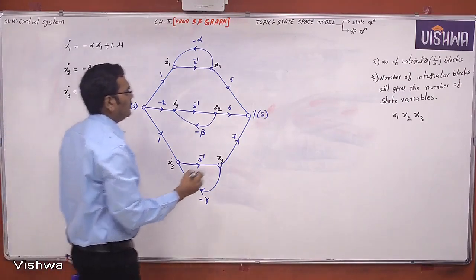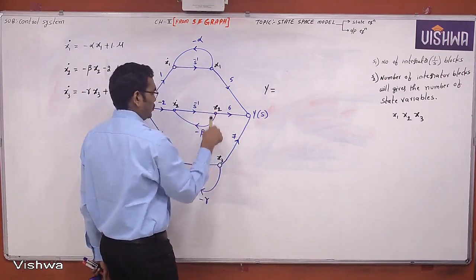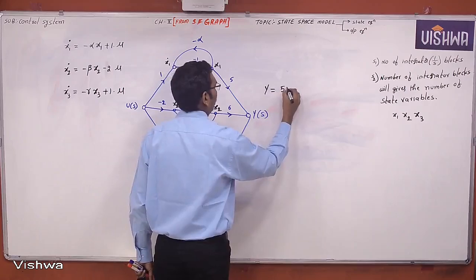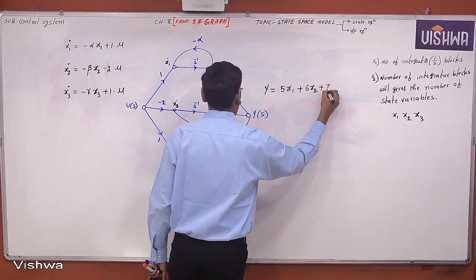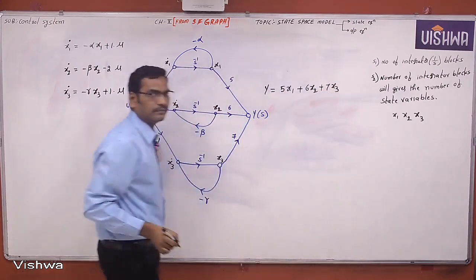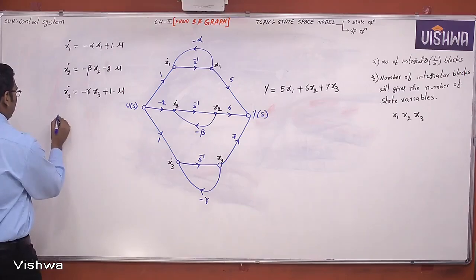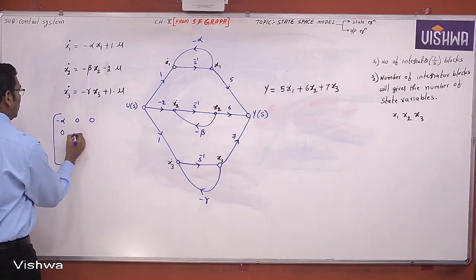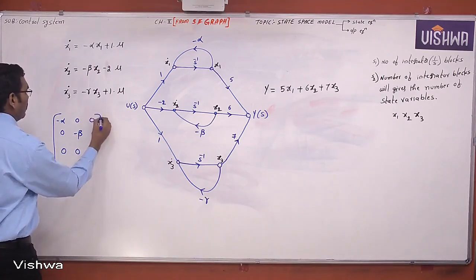Now y, what is y? x1, x2, x3 are coming, 5x1 plus 6x2 plus 7x3. Now what is the A matrix? Minus alpha, 0, 0; 0, minus beta, 0; 0, 0, minus gamma.